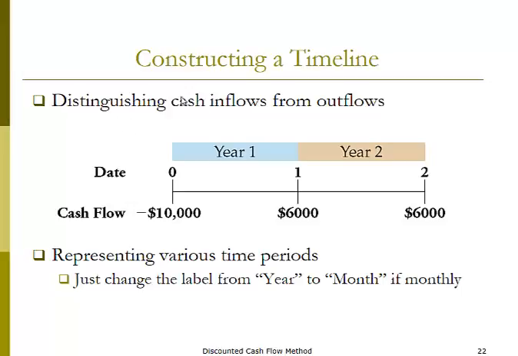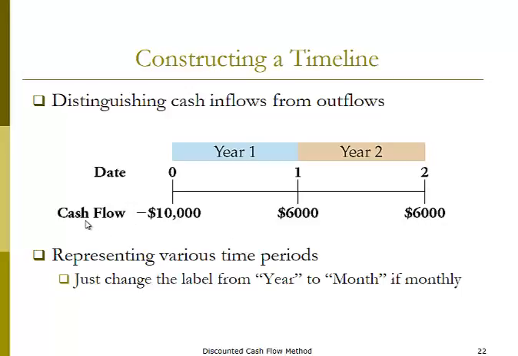Next tip is to distinguish cash inflow from cash outflow. So this one here, that's a cash outflow. And then you have cash inflow. Okay, so you can understand this as an investment that you made today, and in return you'll get back 6,000 at the end of year 1, another 6,000 at the end of year 2.